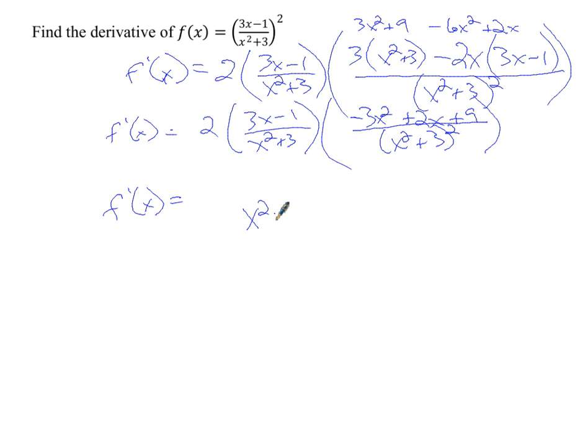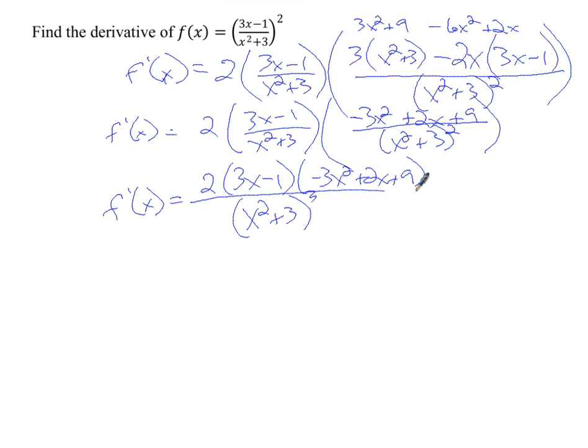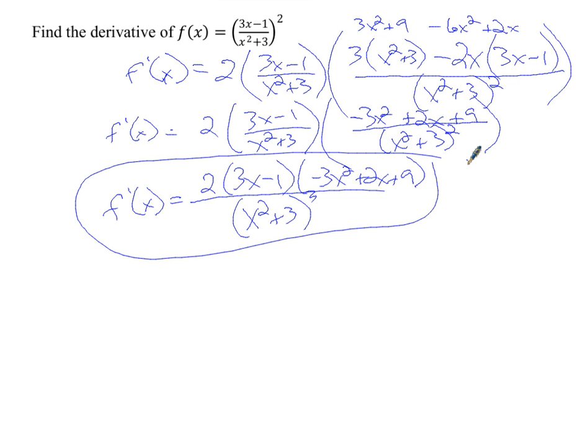Now I have to take care of the numerator. The 2 is in the numerator, the 3x minus 1 is in the numerator, and this mess right here is in the numerator. So, 2 times 3x minus 1 times negative 3x squared plus 2x plus 9. Done. That's it.